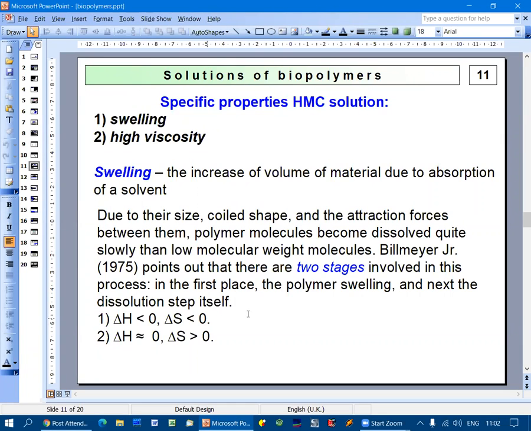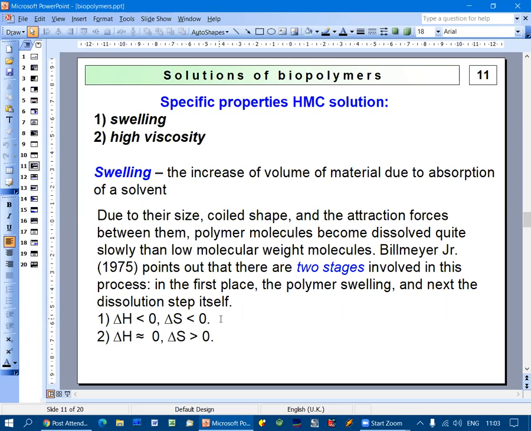The second part of the equation, minus T delta S, will be positive, but the first, delta H, is negative. The absolute value of this part of the equation will be more than the second. So at the first step of swelling, delta G is negative.